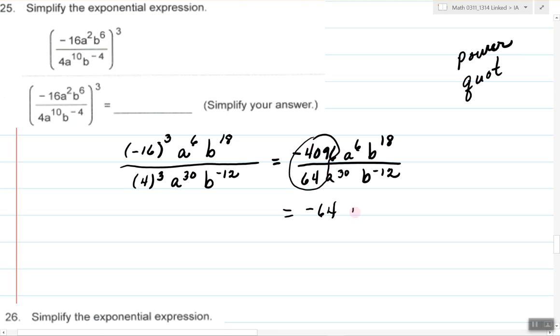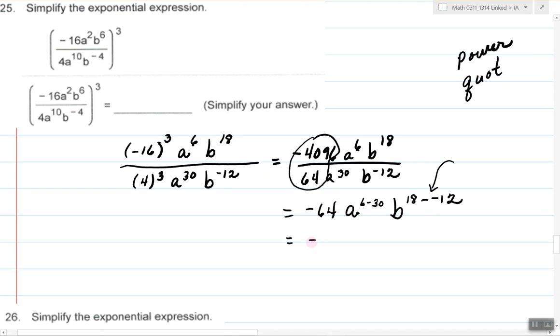And then I have a to the 6 minus 30, b to the 18 minus negative 12. You have to be so careful when you have minus a negative exponent. Remember, it's top exponent minus bottom exponent.